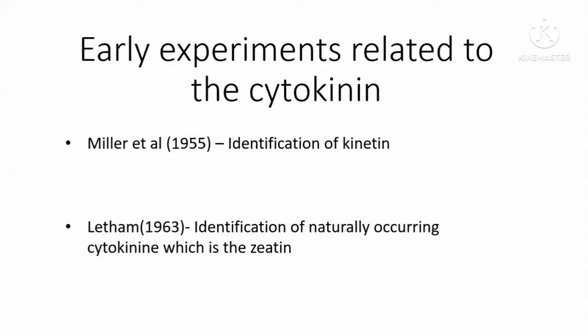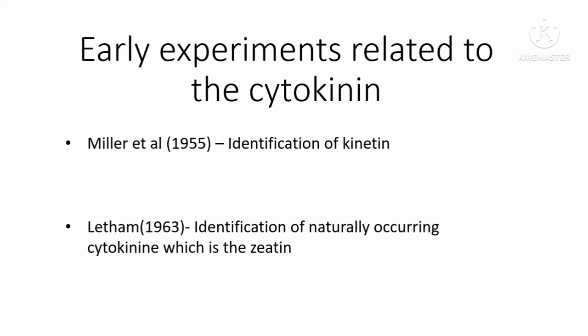Okay, now let's shift our attention to early experiments in relation to the cytokinin. In 1955, the identification of kinetin was done by Miller. Actually, this kinetin is not present in the plant.